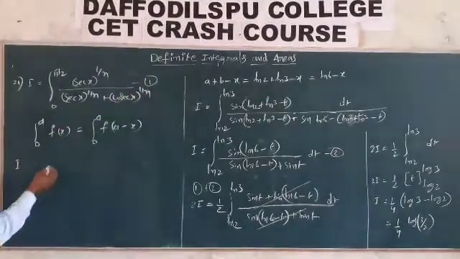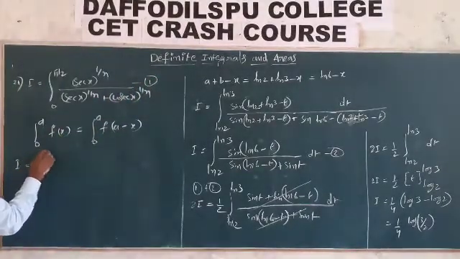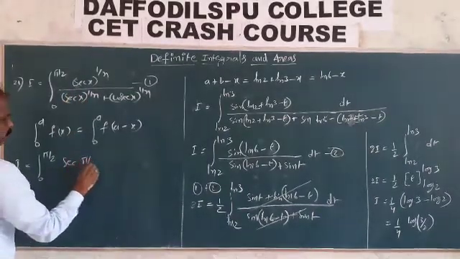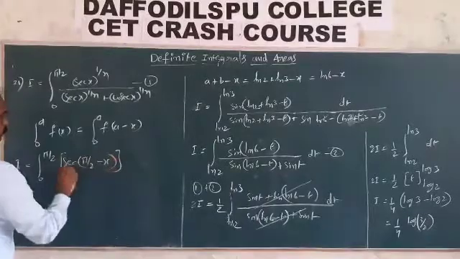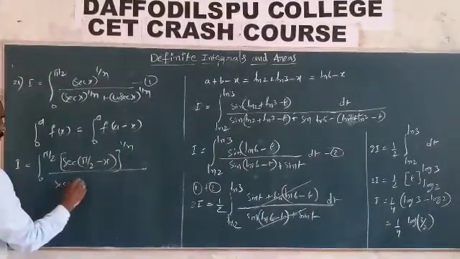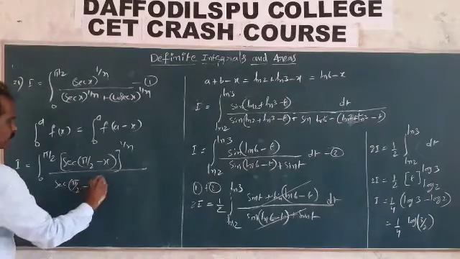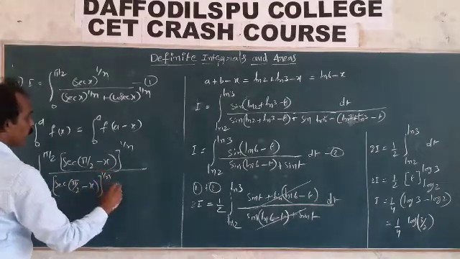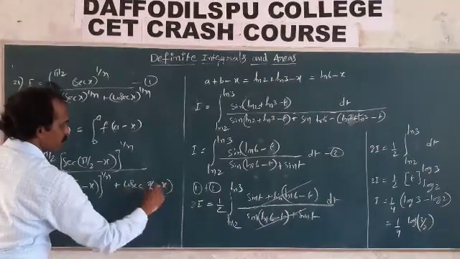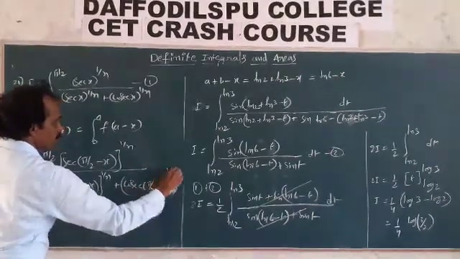Apply f of a minus x, from 0 to pi by 2: secant of pi by 2 minus x whole to the power of 1 by n divided by secant pi by 2 minus x whole power 1 by n plus cosecant pi by 2 minus x whole power 1 by n.